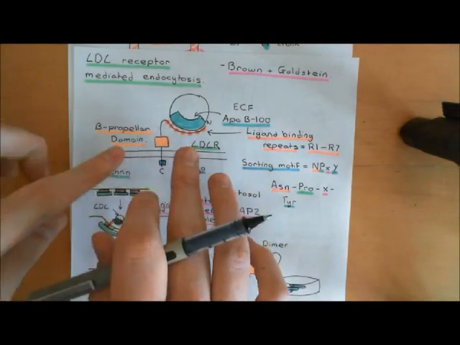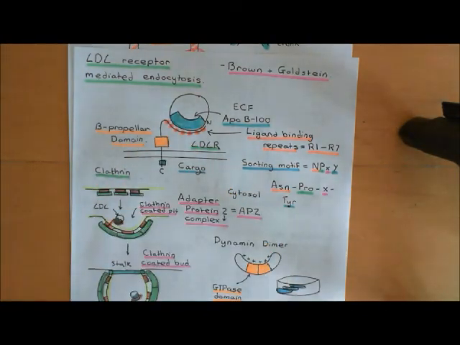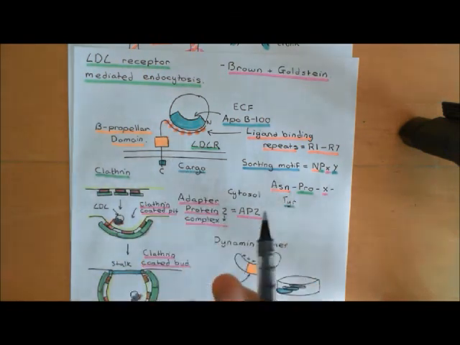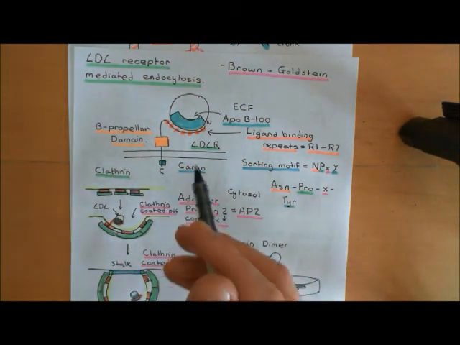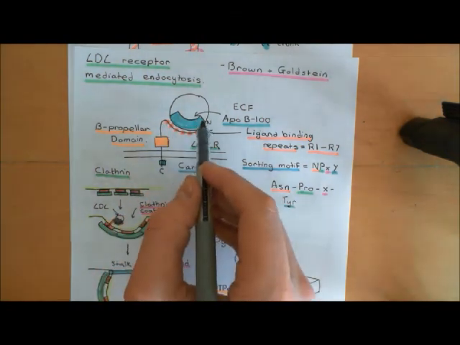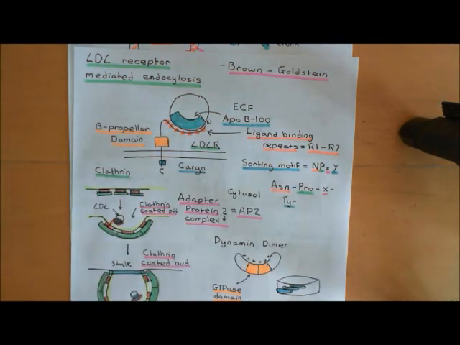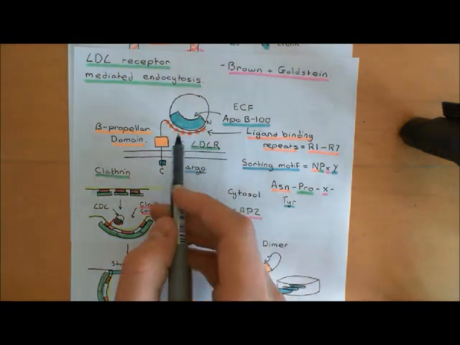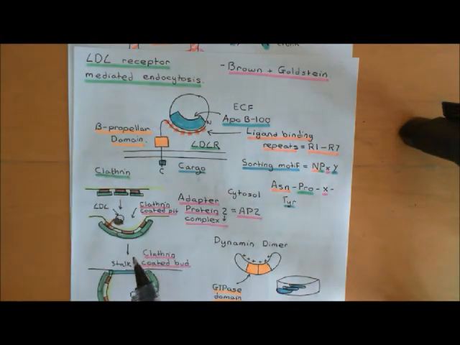In fact, chylomicron remnants are able to bind to LDL receptors themselves. Apolipoprotein B48, like apolipoprotein B100, is capable of binding to the LDL receptor's ligand binding domain, and therefore it can use the LDL receptor to be endocytosed.